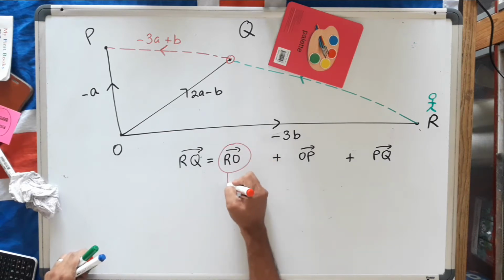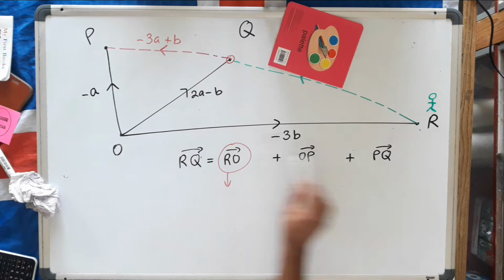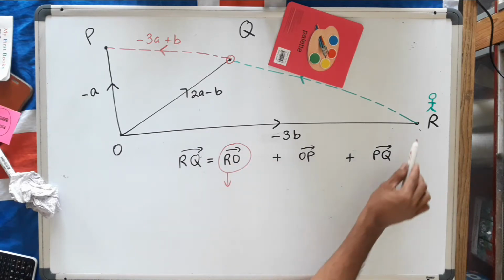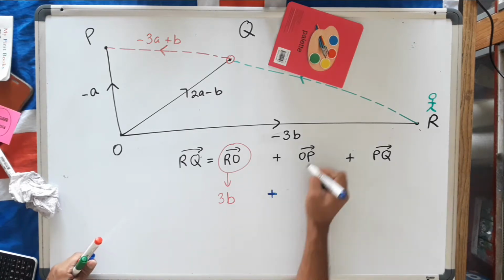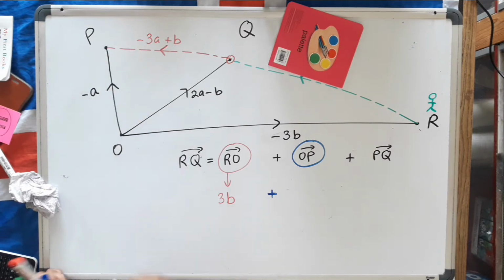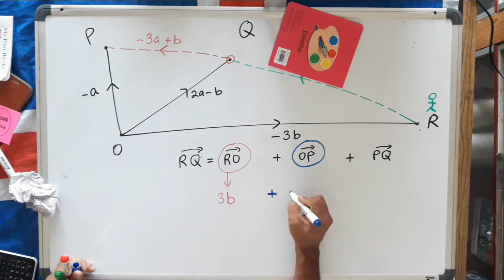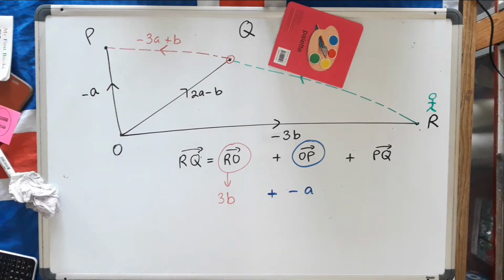R to O. Is this against the arrow or with the arrow? That's against the arrow. I'm running this way. So it will be positive 3B plus OP. OP is with the arrow. So that's minus A. I don't have to change anything. I'm going with the arrow.